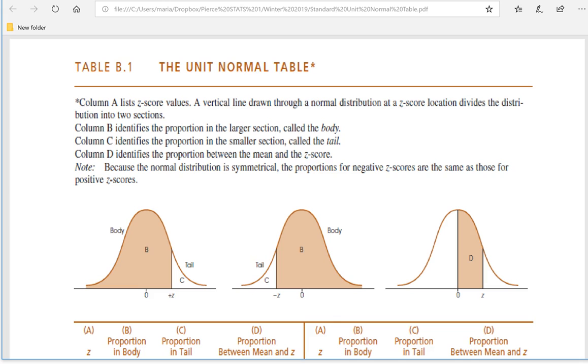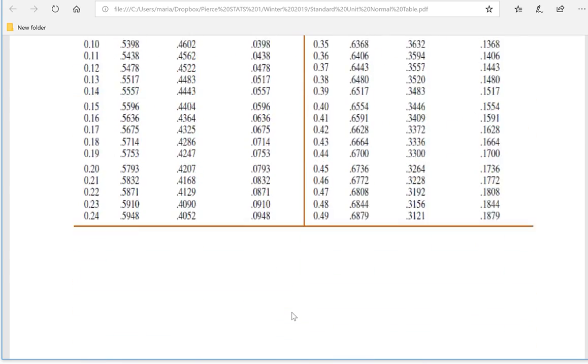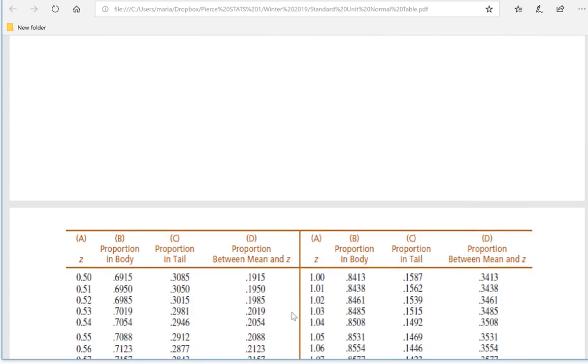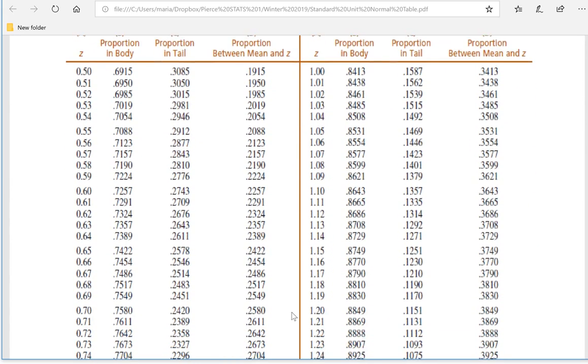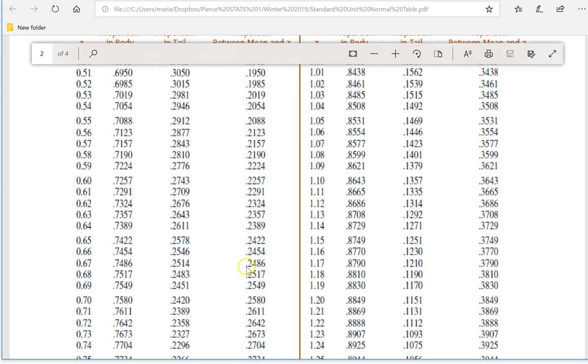And we're going to be looking for column D, okay? So column D, 0.667, which is right over here, right? So 0.2486.